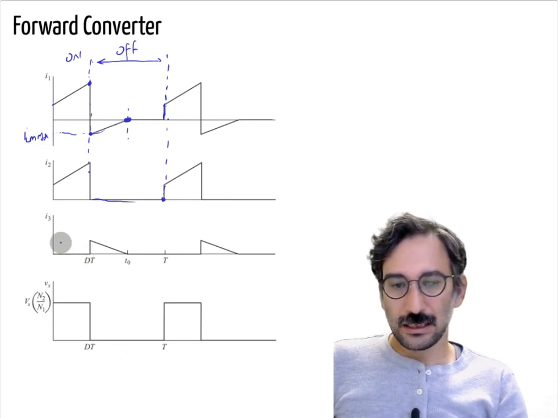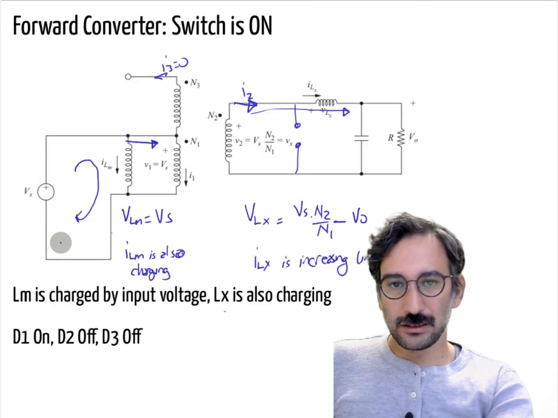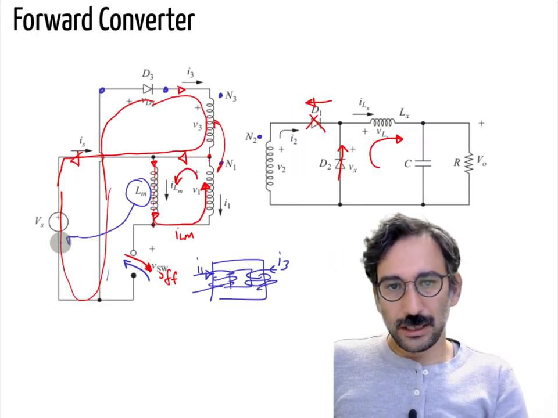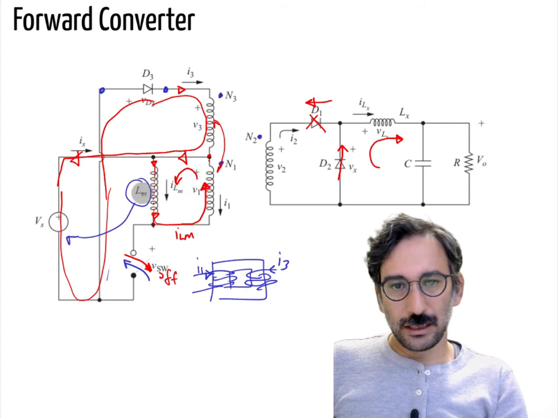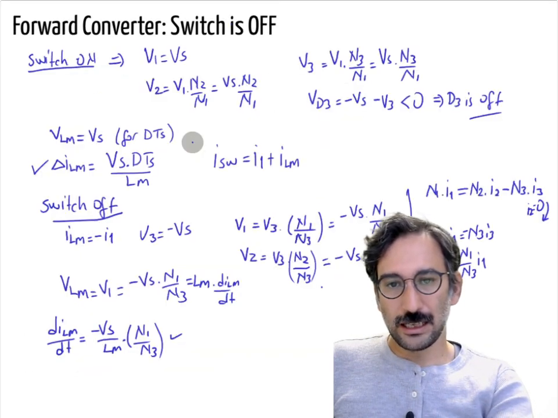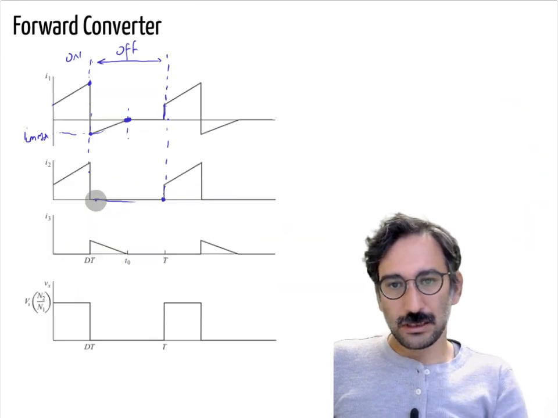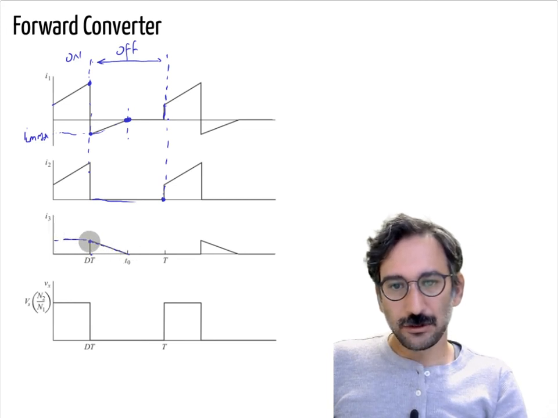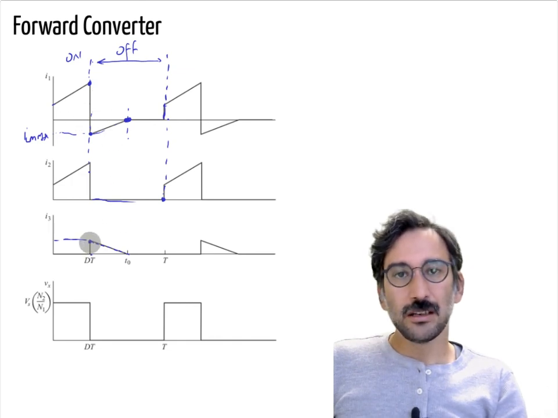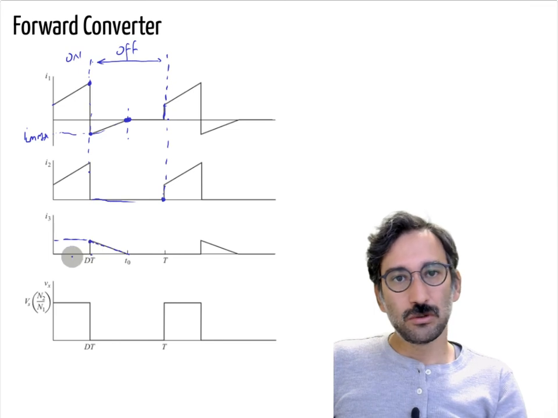Let's have a look at I3. Whenever you are operating normally, when the switch is on, that diode is reverse biased, so I3 is off. It is only doing its job in order to discharge Lm. So it is 0 at first, then it just goes up. Again, that value depends on the turns ratio of N1 and N3, but the usual practice is to choose them the same.